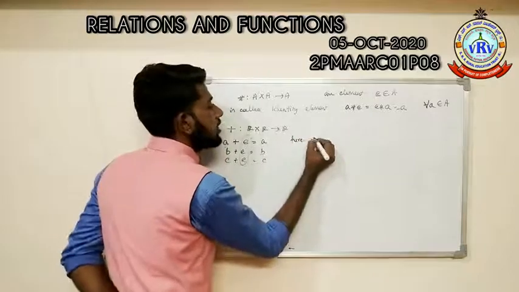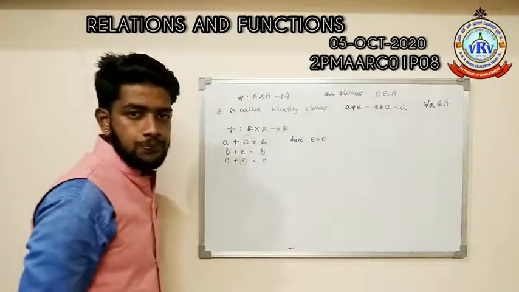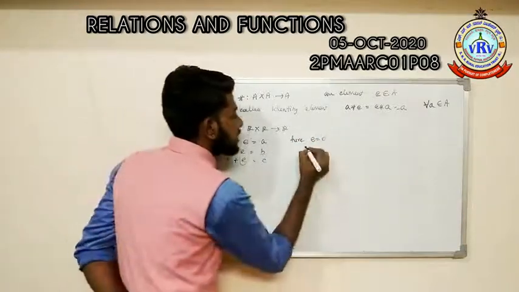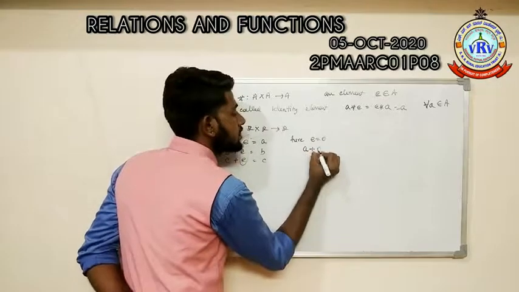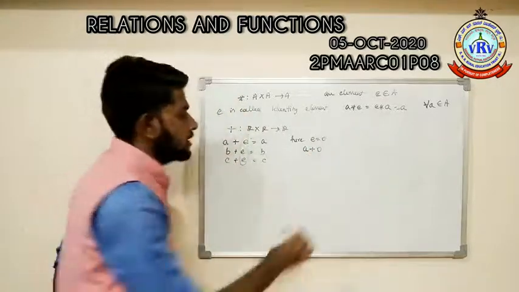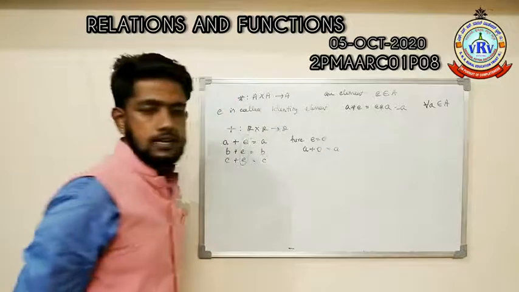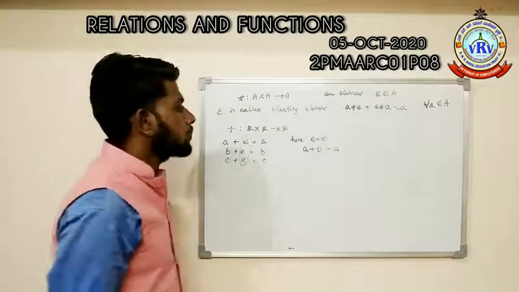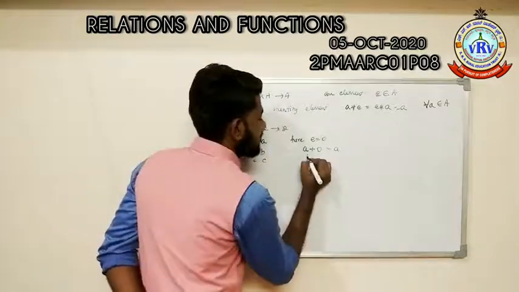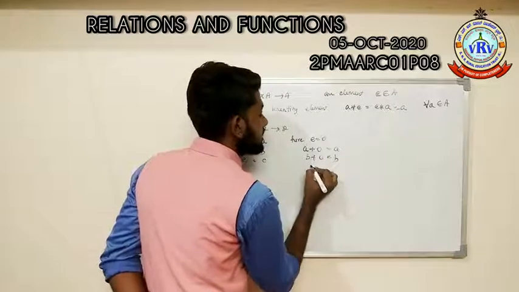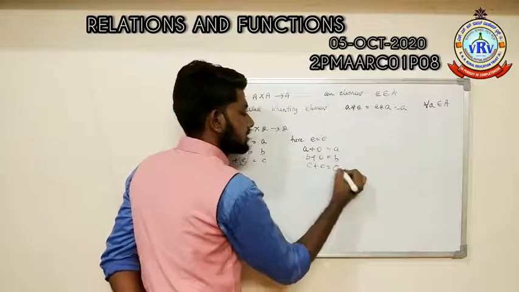Here e is equal to 0. Why? If you add 0 to any element, it will return the same element, right? A plus 0 is a, b plus 0 is b, c plus 0 is c.